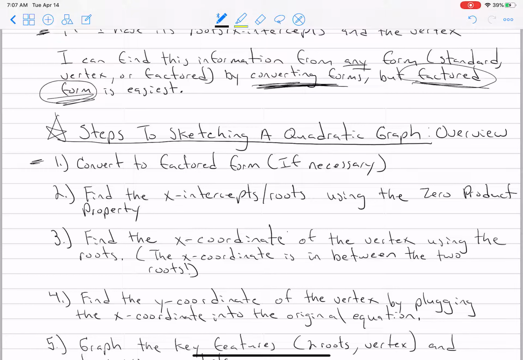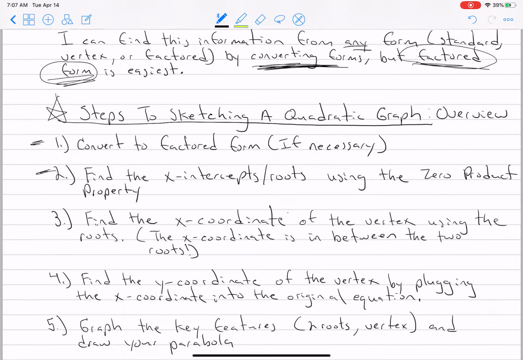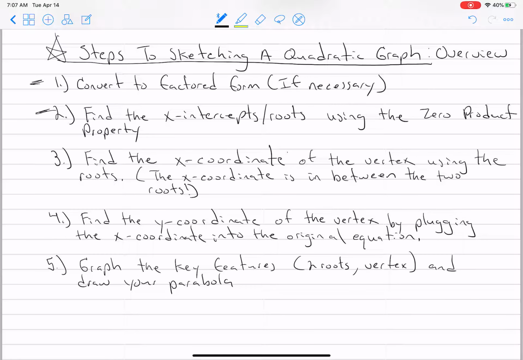If you're in vertex form, move it to standard form, then factor it. Make sure you're in factored form to begin with. Second, find the x-intercepts using the zero product property.